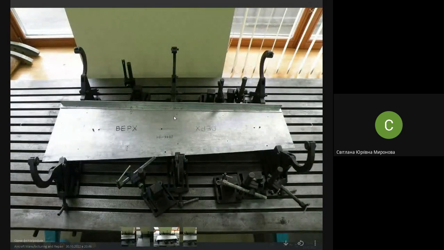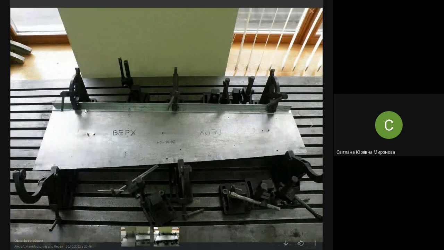And altogether, you see locating of the cap with three locators. Now all of them are closed in lock, for clamping it in this position.